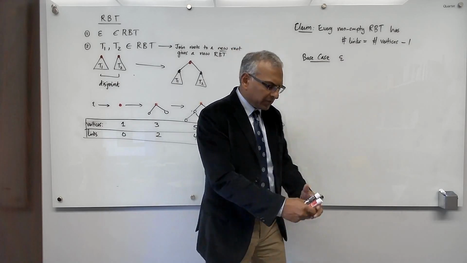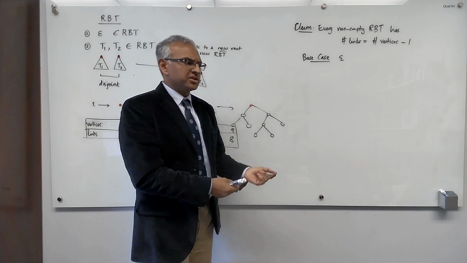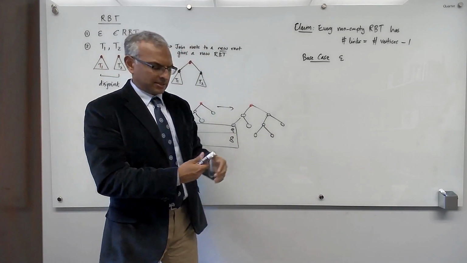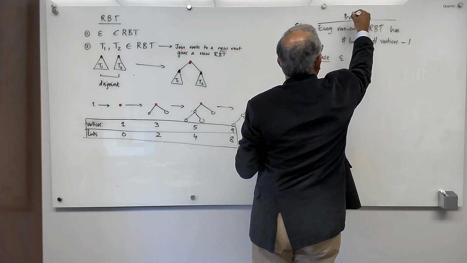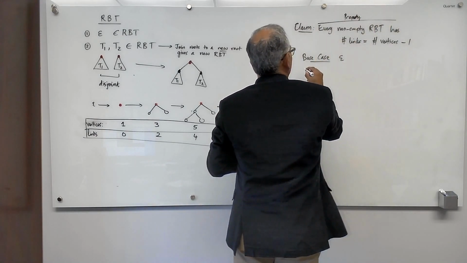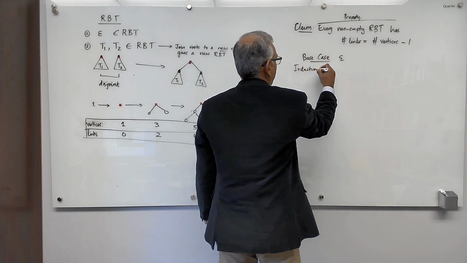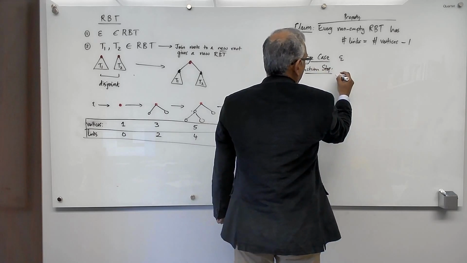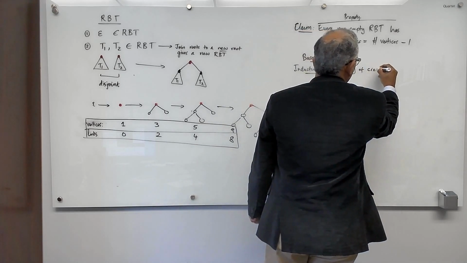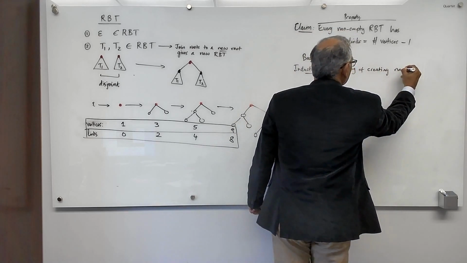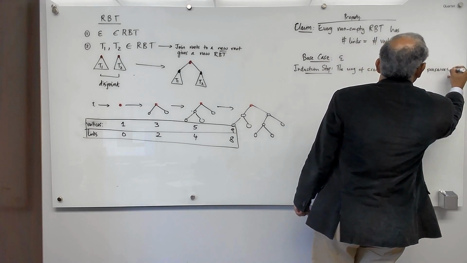Now what we need to do is prove that the constructor, the way of creating new trees, preserves that property. You can think of this as a property. So the next step, the induction step: the way of creating new trees preserves the property.